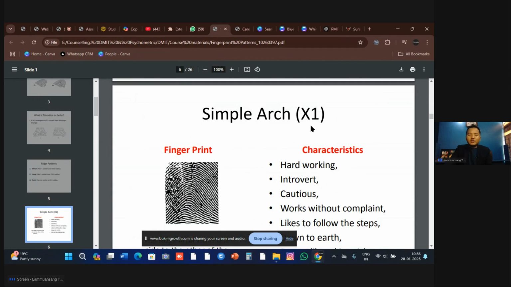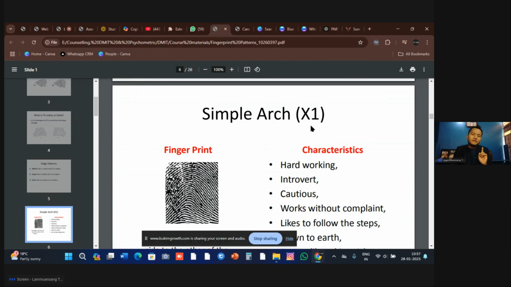Even after doing 200 tests, I still consult with my teacher. I always take a photo and send it on WhatsApp: sir, what is this? I think this is X2, right? Or I think this is L, right? Or I think this is W2, right? I keep asking him. This is how you should do it.